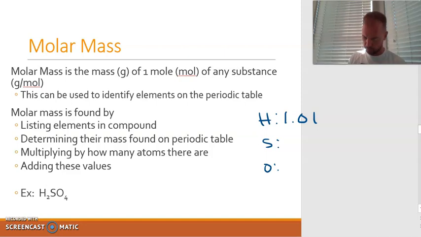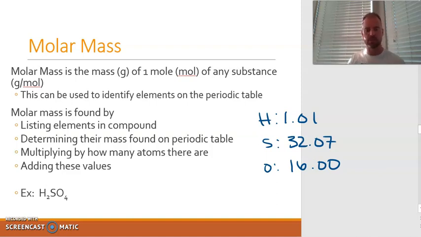All right, what's sulfur? I would round sulfur to 32.07. And oxygen, now notice oxygen is 15.999. So if I round that to 2 decimal places, it actually is exactly 16. I'm just going to put the 2 zeros there. So that's the mass of each of these elements on the periodic table. Step 3, multiply by how many atoms that we have.